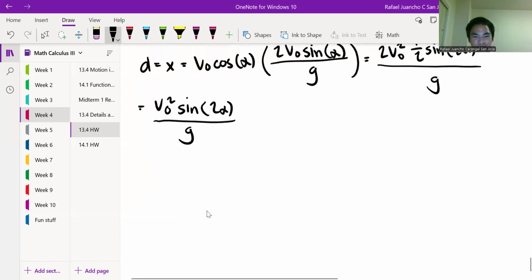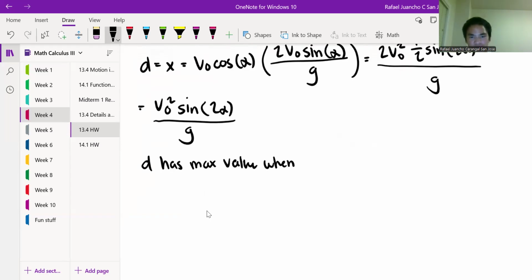Okay, but yeah, D has its max value when sine of 2 alpha is equal to 1.